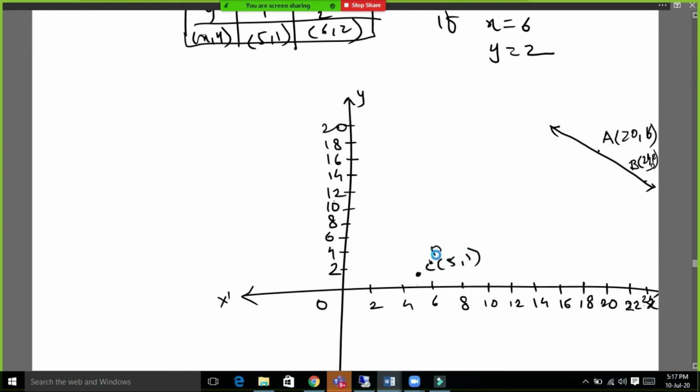Let this be the point D (6, 2). Now join these points and extend it so that it intersects the first line. And this point of intersection, suppose it is represented by E.